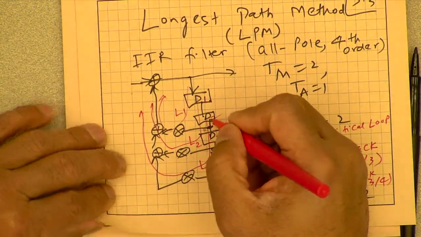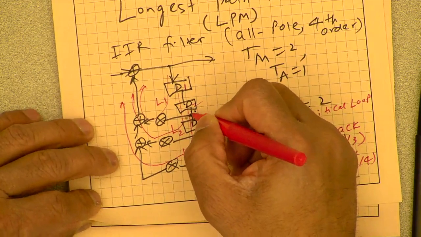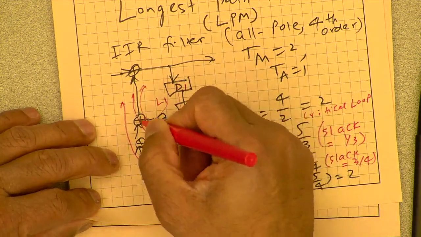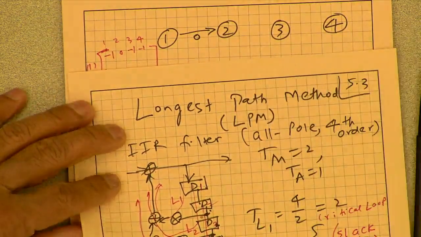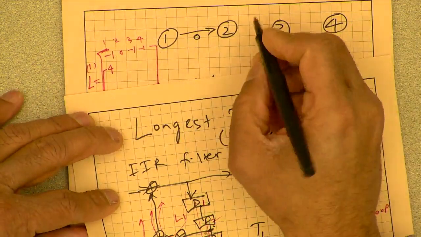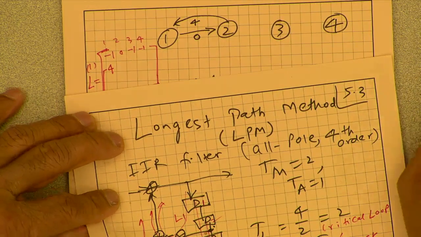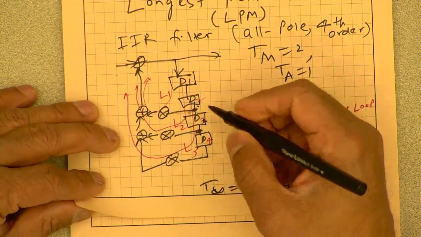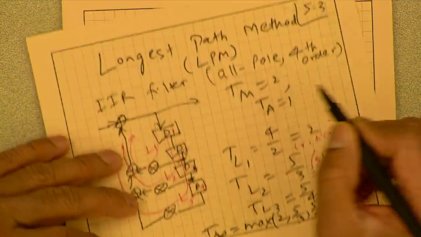If I am at node 2, which corresponds to D2, delay 2, I can get back to D1 with 4 time units. So 2 to 1 is 4. 2 to 3, any volunteers for the longest path from 2 to 3? 0, good, very good.